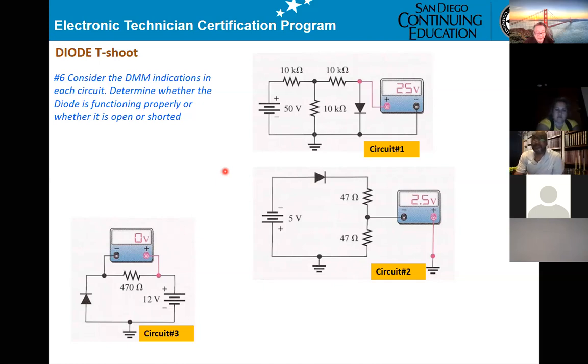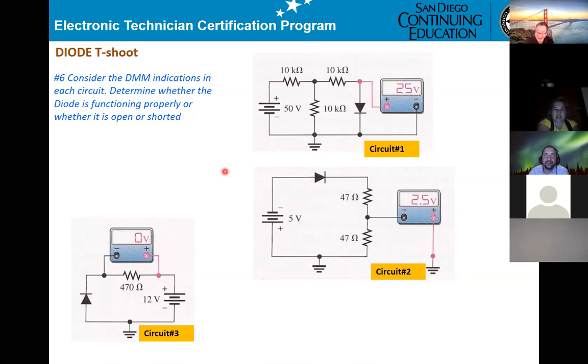Correct. Now I'm asking you, how come you get 25 volts? Who can tell me? The meter's broken. Has the breakdown voltage?